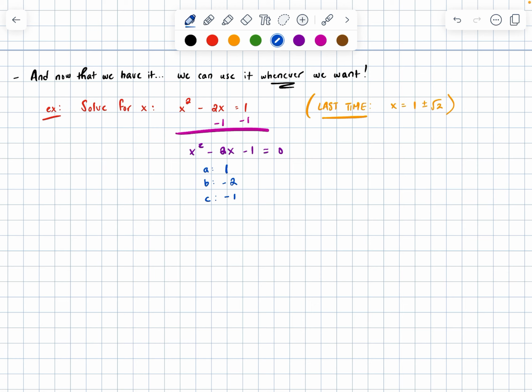And c is my constant term, which here is negative 1. All I need to do now is plug in to my quadratic formula, which is, say it with me, x equals negative b plus or minus the square root of b squared minus 4ac all over 2a.